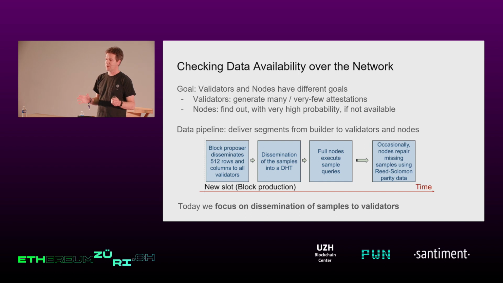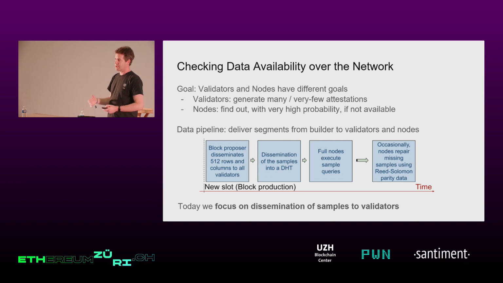So if it figures out that it is not available, then there might be data withhold, and depending on the use of this data, whether it's used for an optimistic rollup or whether it's used for a ZK rollup, there are different use cases, but for each one of these, if the data is withhold, it can be a huge problem. So we have to get the data from the block builder to the validators and to the nodes in a way that they can satisfy this.